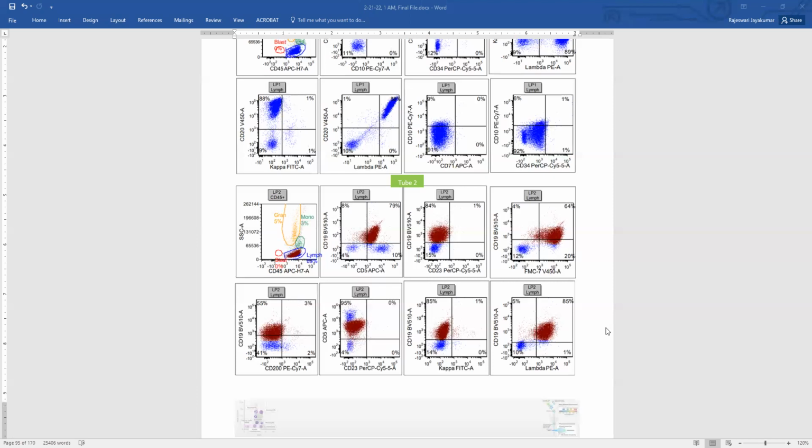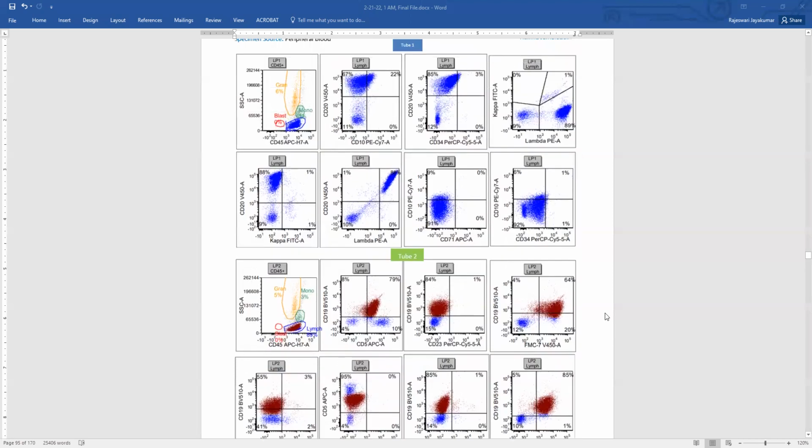Some people say CD5 positive lambda restricted B cells identified and give the percentage. Either is fine, but if it is CLL, people are more comfortable calling it CLL, but for mantle, it is better to correlate with your lymph node morphology and then call it mantle. And it's better not to say mantle just from flow.